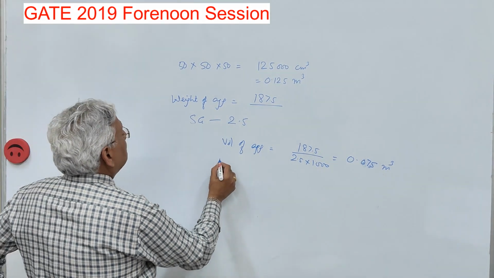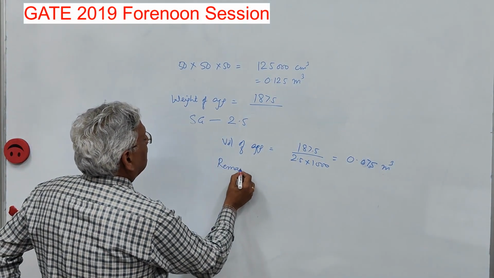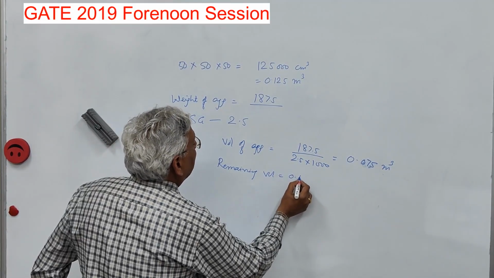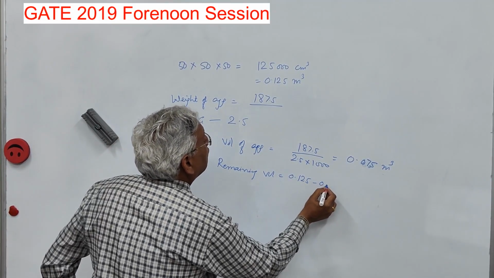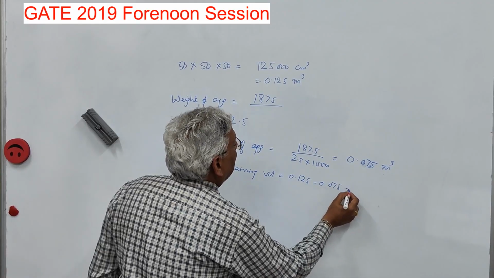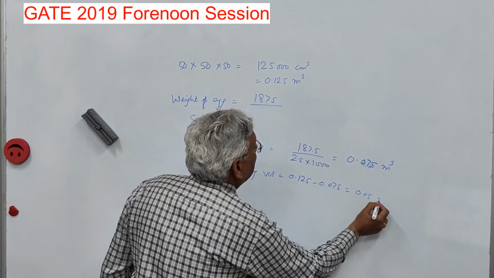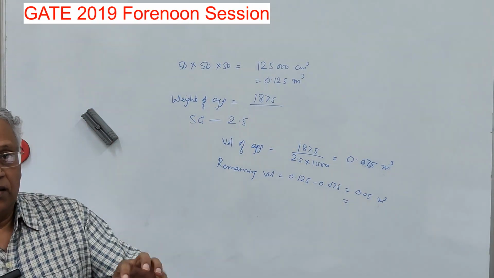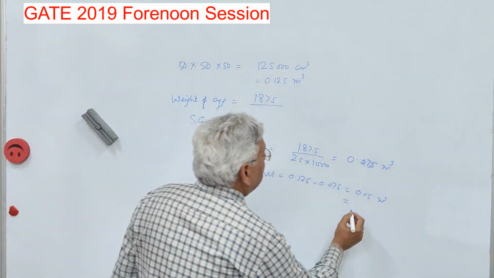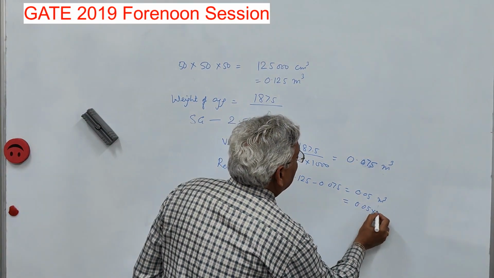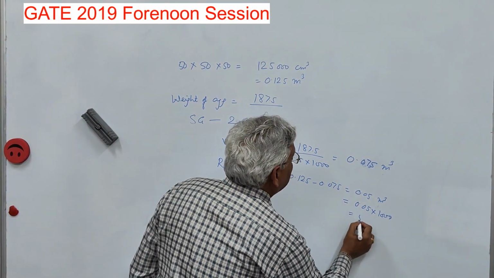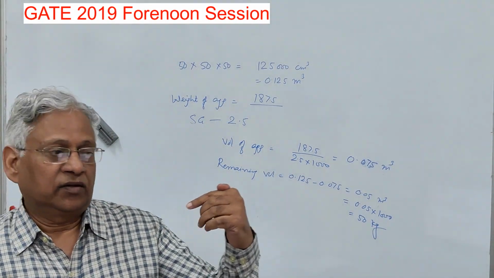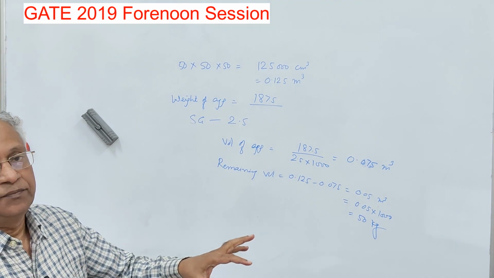Now, remaining volume here is 0.125 minus 0.075, that is 0.05 meter cube, or if you fill water in this, you will get 0.05 into 1000, that is 50 kg of water. 50 kg of water can be added into the box.